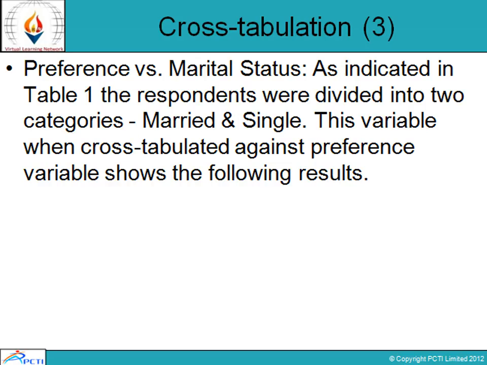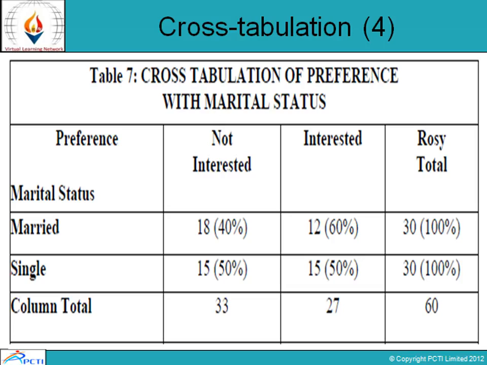When we talk about preference versus marital status, as indicated in this table, the respondents are basically divided into two categories, married and singles.